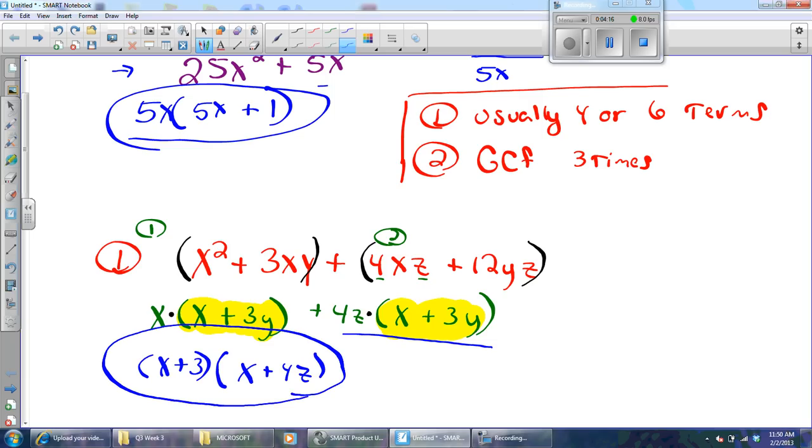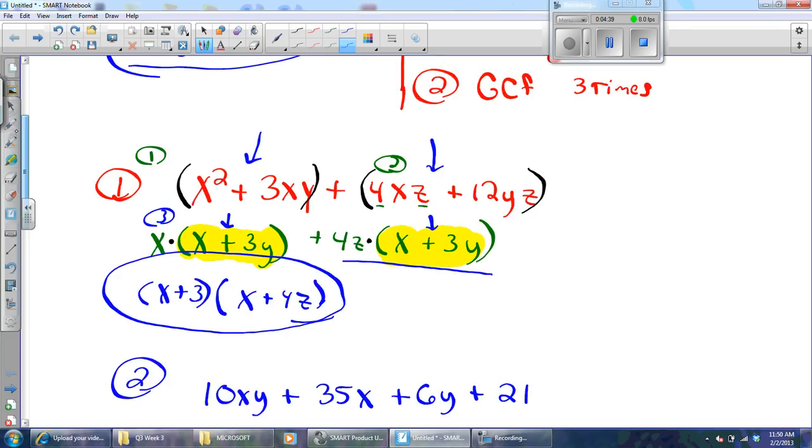That's my third GCF, and I'm done. So I GCF this first group, I GCF the second group, and then I found a common factor in the next line and GCF'd one more time. That's my third GCF. Pretty simple stuff. All you're doing is GCF, GCF, and GCF one more time.